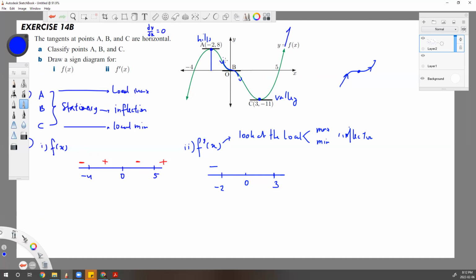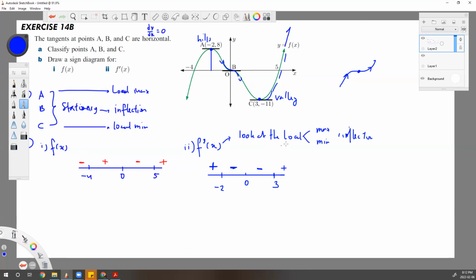From -2 until 0, it is going up the hill, so sorry, this is positive, right? So going up, positive until 0, and then going negative. After the 0, also going down until 3, so the gradient is also negative. Okay, after 3, it is going up, so it is positive. So this is the sign diagram of the gradient.